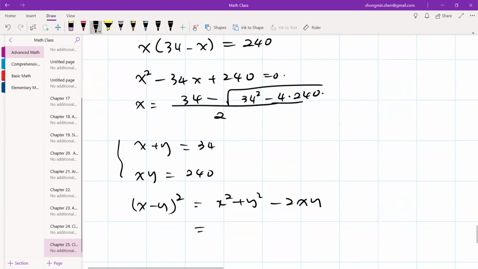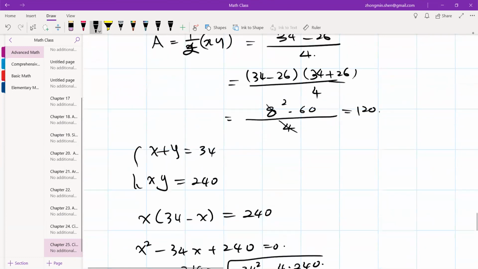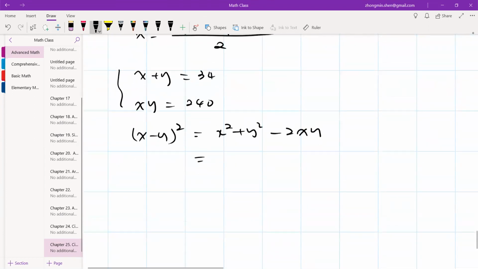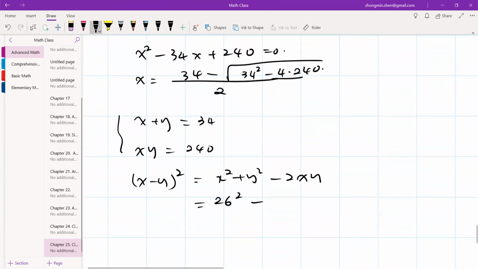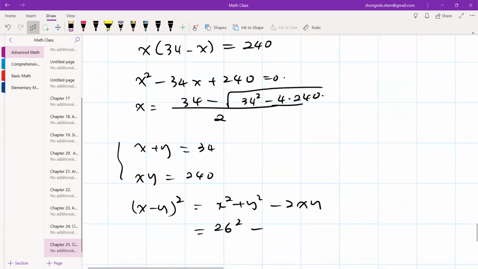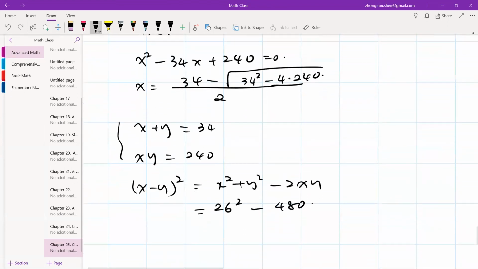So we already know x plus y squared, right? x squared plus y squared is 26 squared, and we also have 2 times x times y, 2 times 240. Now you get 480. I don't think it's better.